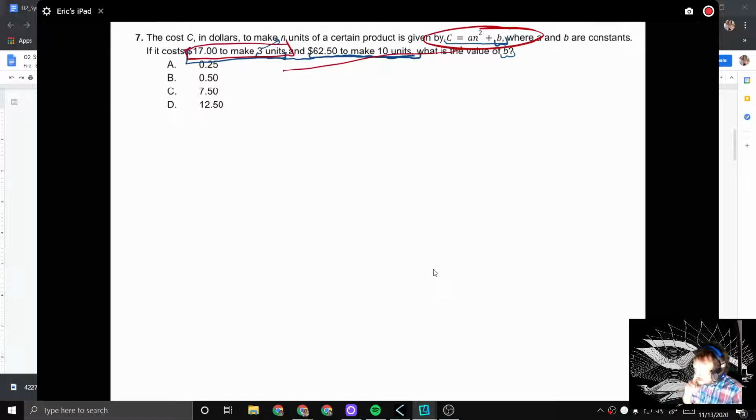So we can take this equation here, and we can use this pair of values to get a sense of what our A and our B must be. So let's try that. We plug in 3 for n and 17 for C. 17 equals A times 3 squared plus B. Well, that's 17 equals 9A plus B. And now we have the same situation, but with this other piece of information.